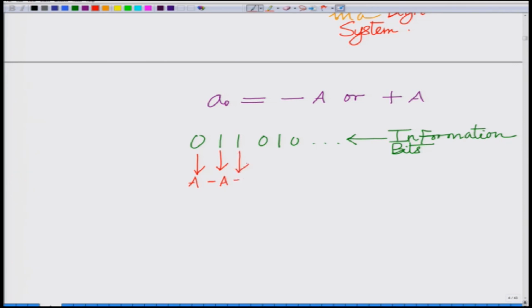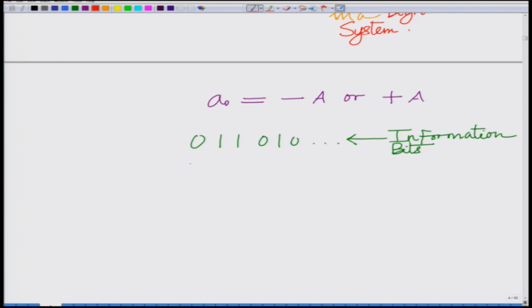for instance. So I will get A, minus A, minus A, where 0 is mapped to A, 1 is mapped to minus A. So, these are basically the symbols.